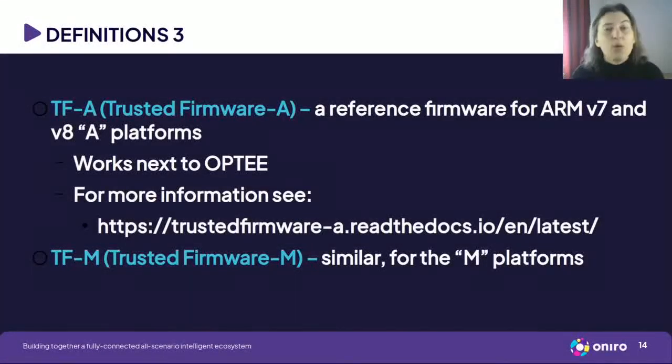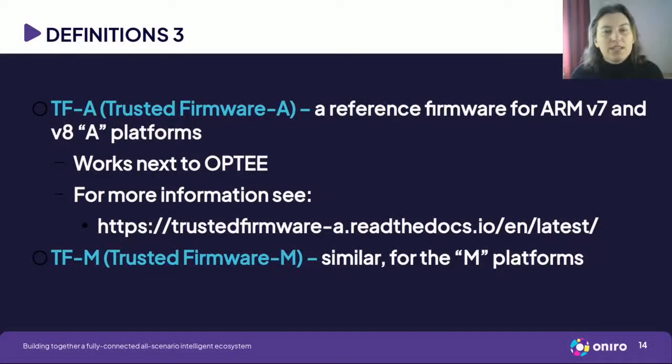Finally, when we are here, TF-A and TF-M. We were discussing before that the hardware is trusted. But in modern processors, part of this hardware is not really hardware. It's software, called firmware. And it's also running on your processor next to the typical software we are talking about.